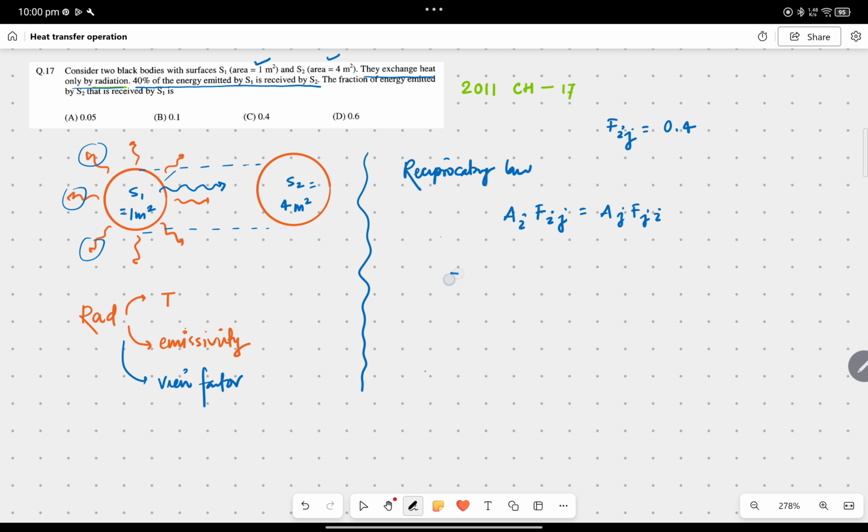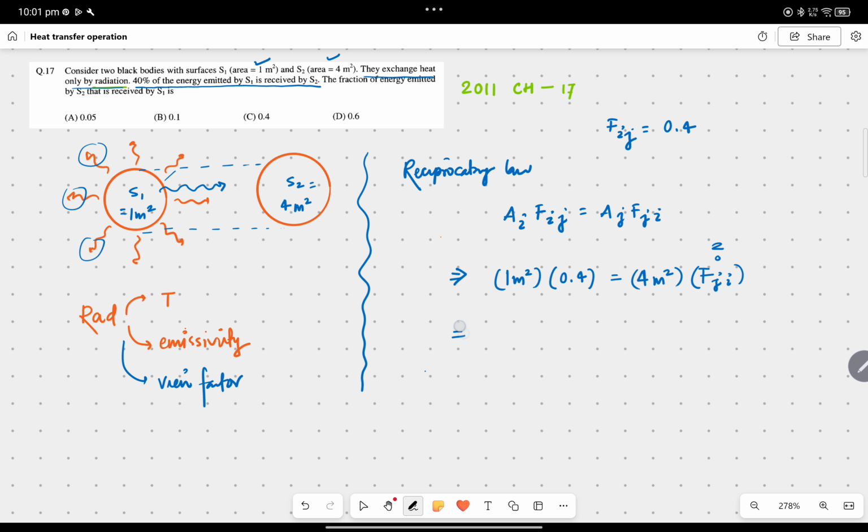Now let's put all this in our equation: 1 meter square times 0.4 is equal to 4 meter square times Fji, where Fji is the fraction of radiation emitted by surface j and accepted by surface i. That is what we have to calculate.